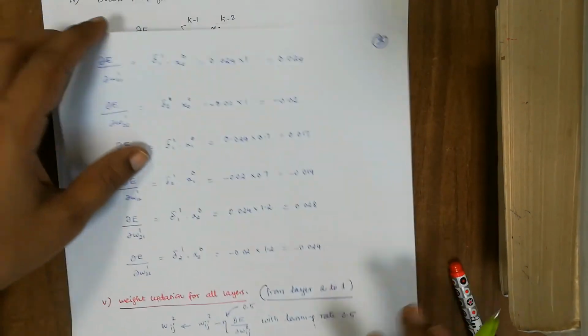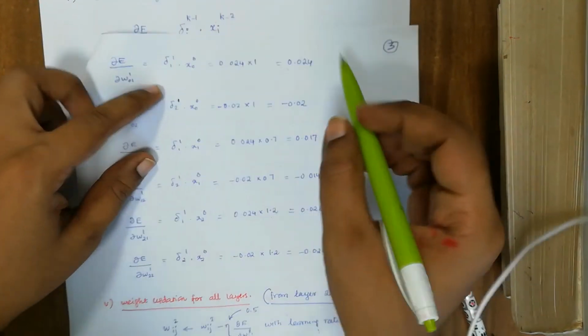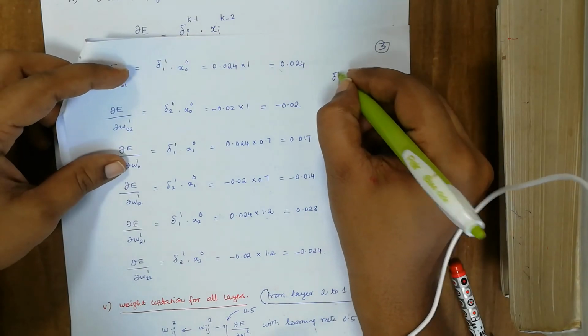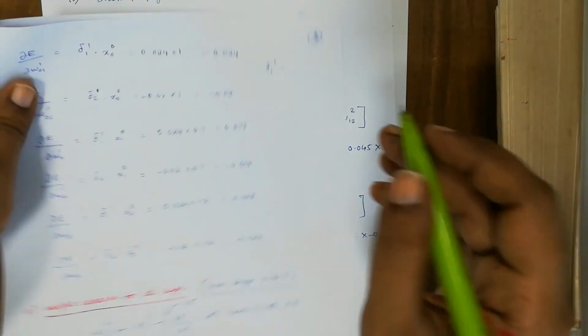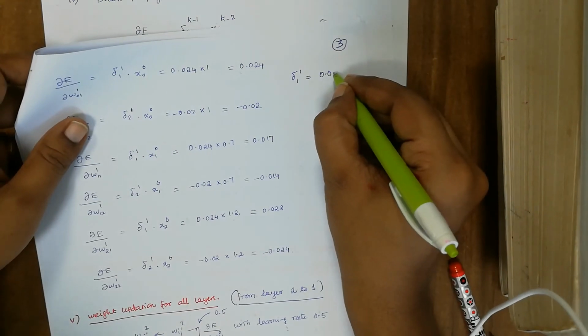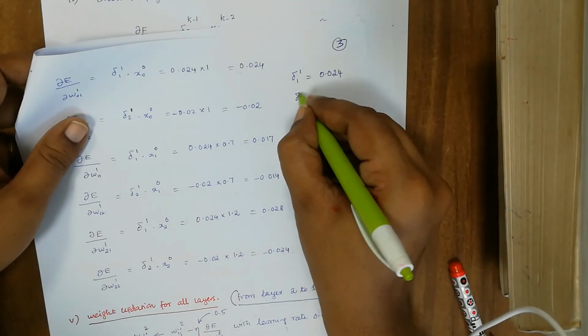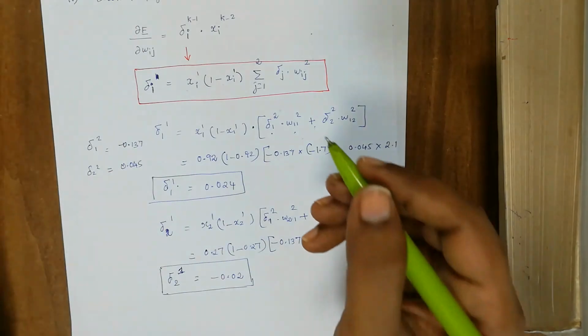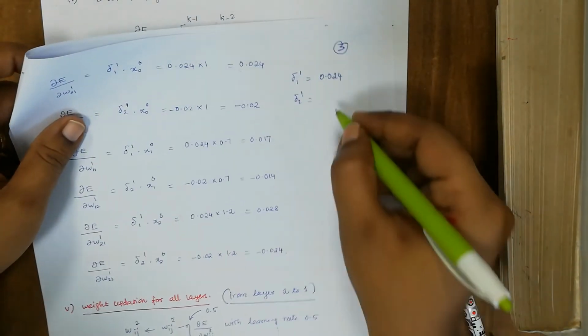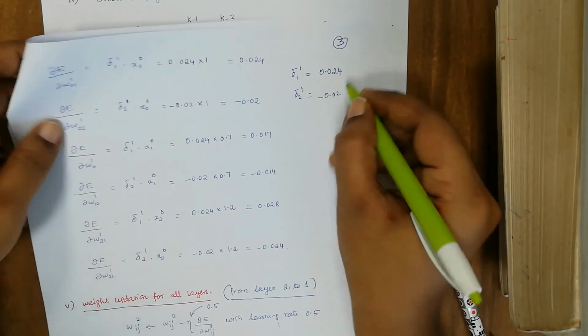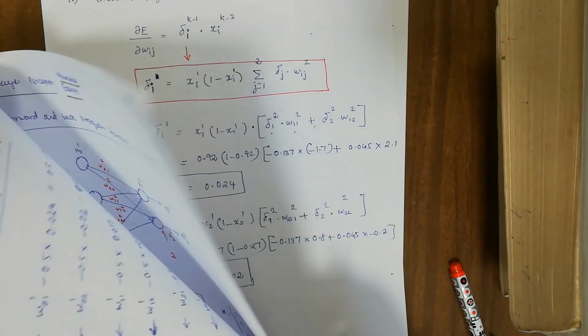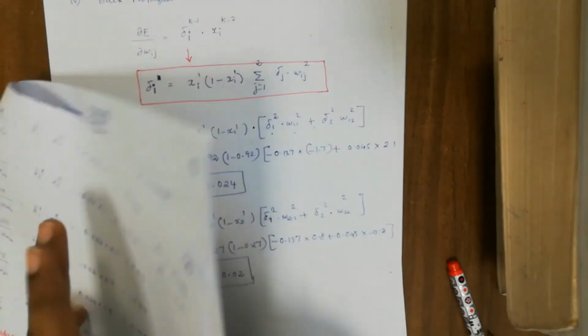Now once we have calculated del 1 1 and del 2 1, the del 1 1 value is 0.024, and del 2 1 in the first layer is minus 0.02. And how many weights do we have to update?